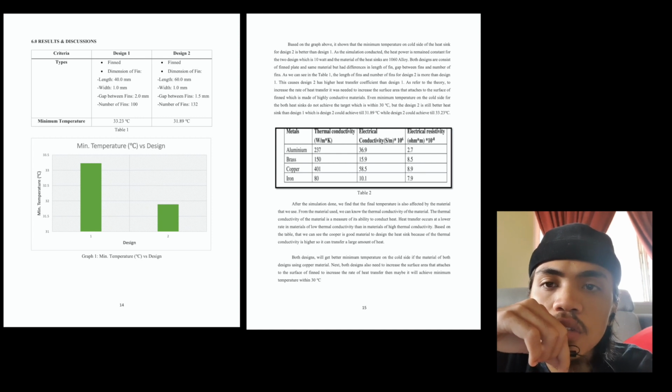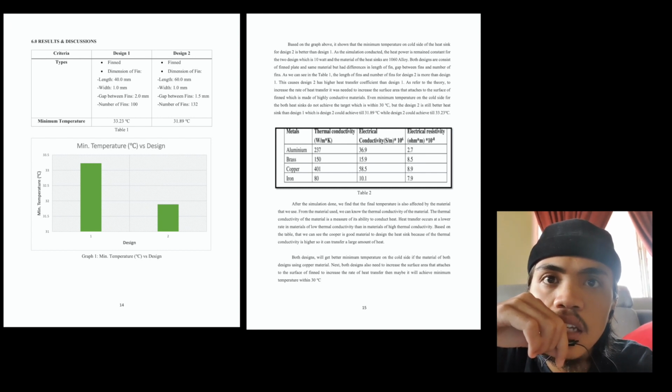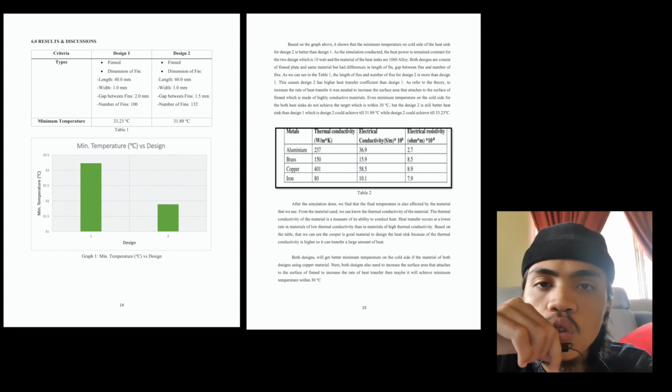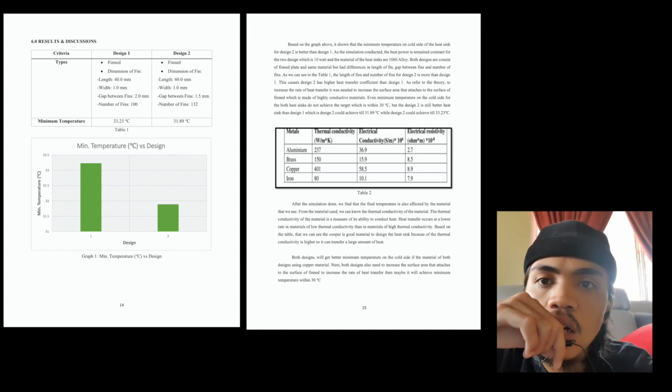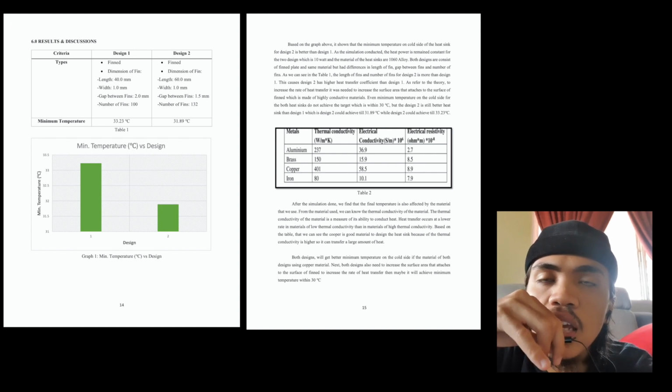This is because we need to change the material of our heat sink into copper. Based on the table, copper is a good material to design heat sinks because the thermal conductivity of copper is higher. That's why it can transfer a large amount of heat.